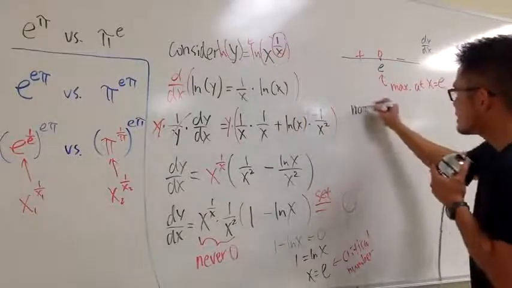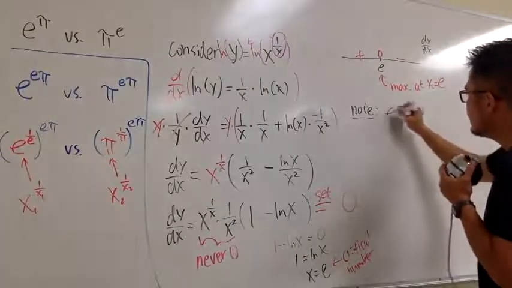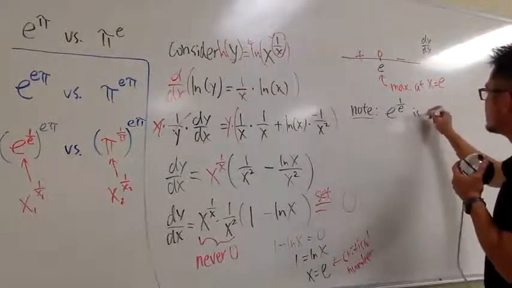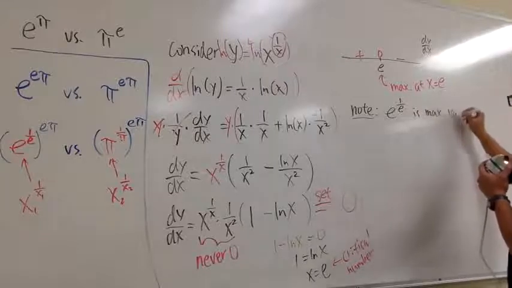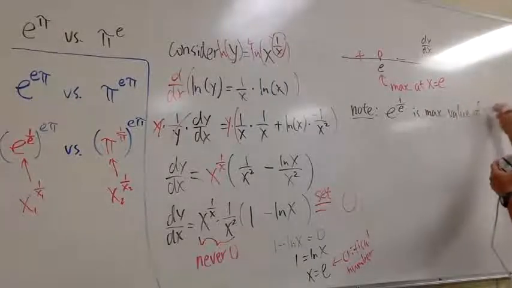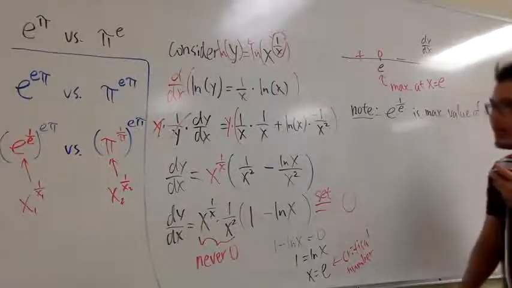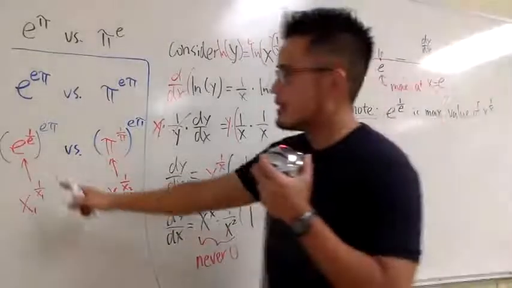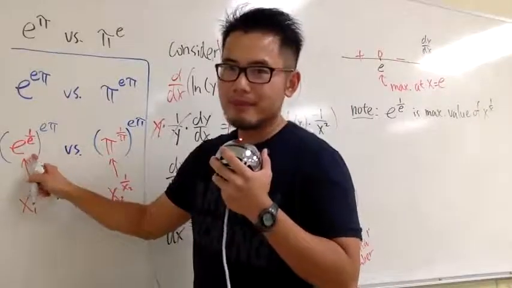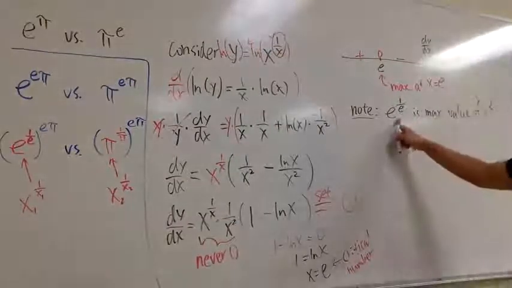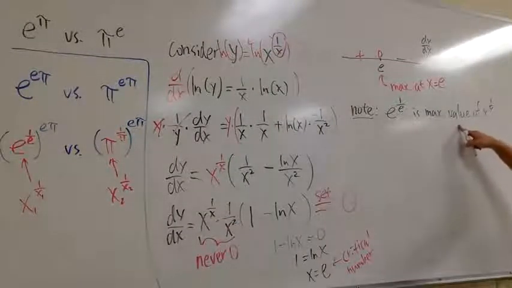So this means e to the 1 over e is the maximum value of x to the 1 over x. And then you see that now, this right here is this. And you know this is the maximum value of any form of x to the 1 over x.